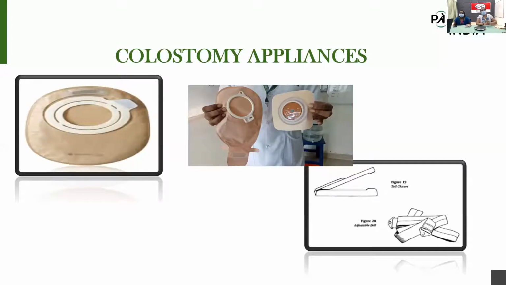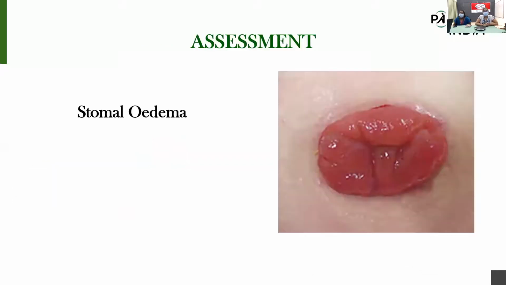Okay. So next. If there is a stoma, we need to assess many things. The first thing is we need to check for any stomal edema. There will usually be edema after the postoperative period, which will subside gradually. If the edema does not subside after the postoperative period, we need to consult the surgeon.